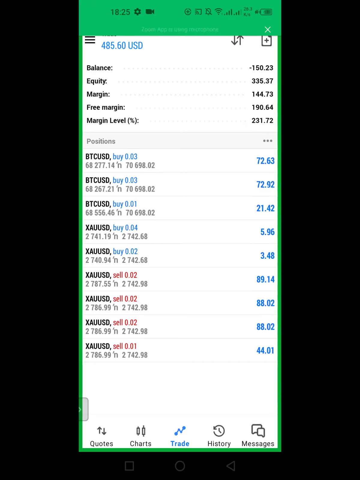Now, for me, whenever my trade hits TP2, because I mostly input TP3 as my TP, and I take partial profit like this, I'll go and change my stop loss to TP1.